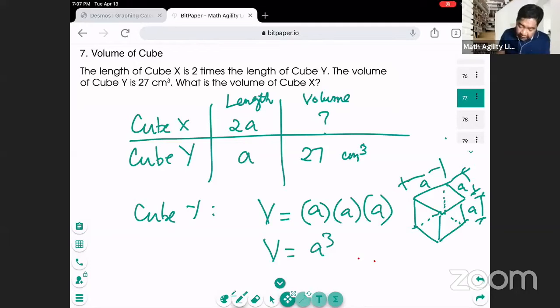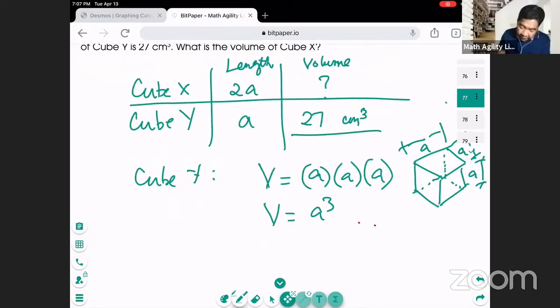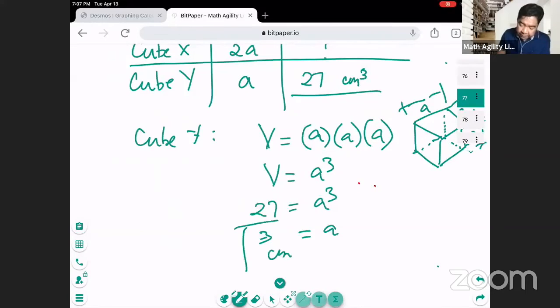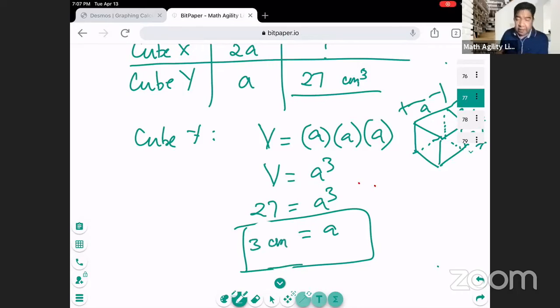It's given that the volume of cube Y is 27, so we can solve for the value of A. Substituting 27, A would be equal to 3 centimeters.